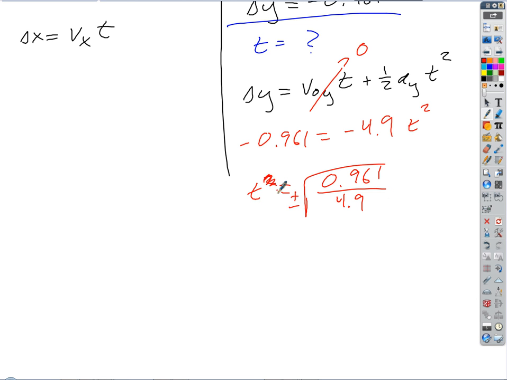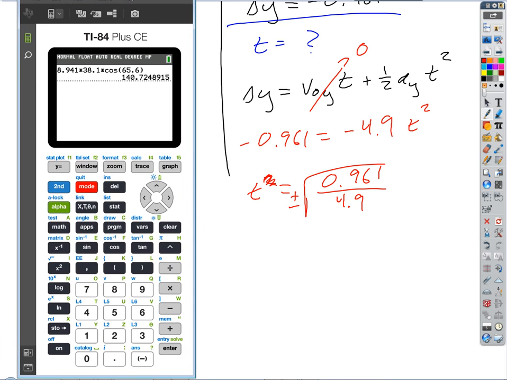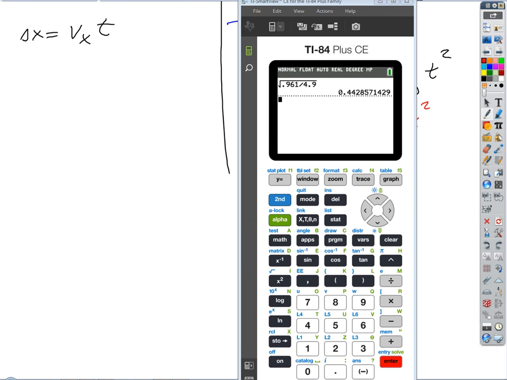Well, we'll take the plus one. And that's just going to give us back some decimal answer, right? Square root of 0.961 divided by 4.9 is that. Right, there's our calculator number. Okay. And so we'll leave that in the calculator.